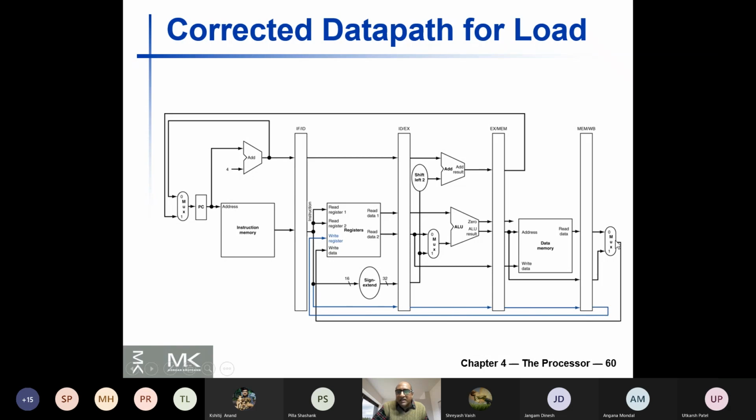Then when the load instruction is at the fifth stage, the write back stage, along with the data it also passes the register number. Now both the data to be written and where to write it, the register address, are available. Therefore the load instruction can write properly into the specified register.